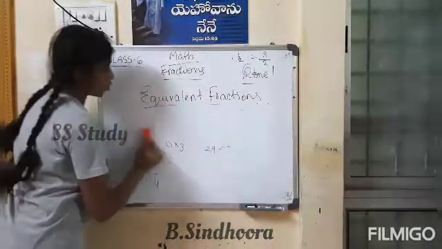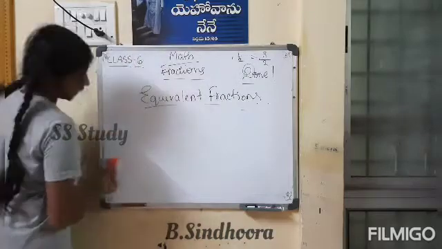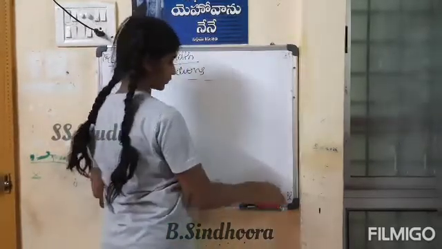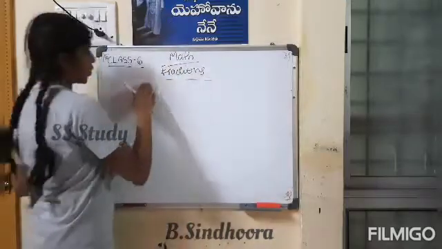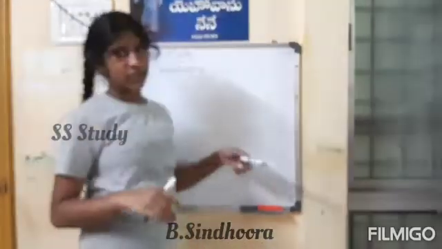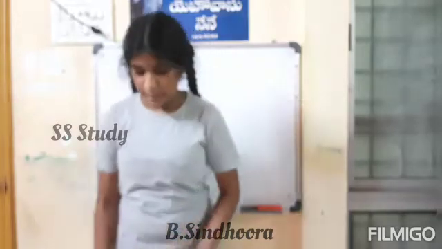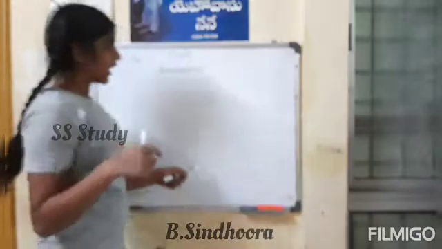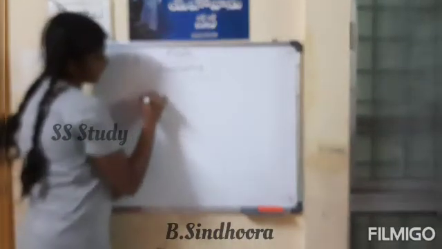Okay, so now let's quickly go to our next topic. After converting fractions from improper to mixed and mixed to improper, now let's go to our next topic, which is adding and subtracting fractions.